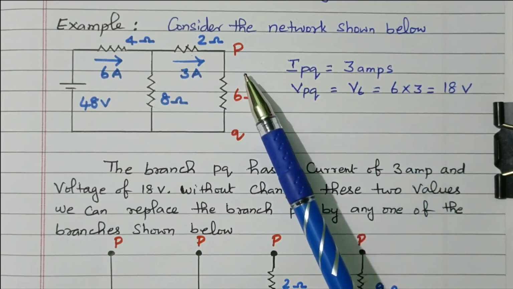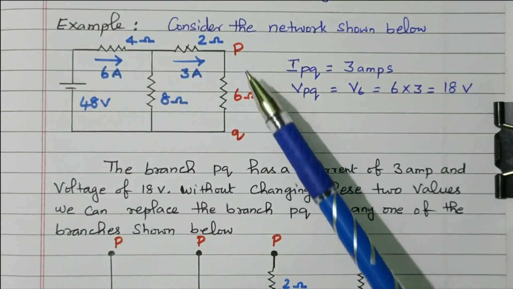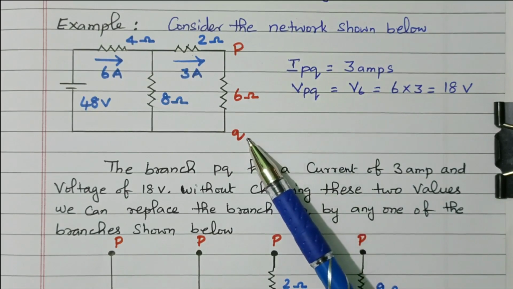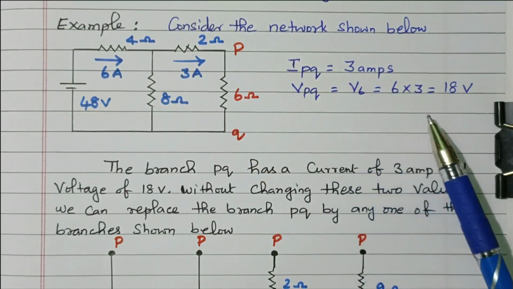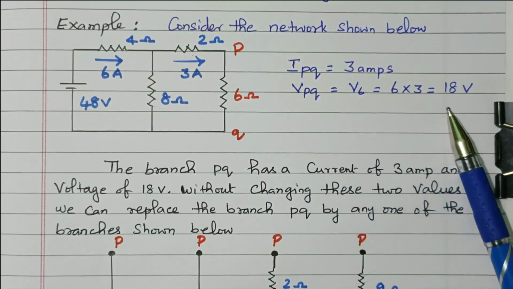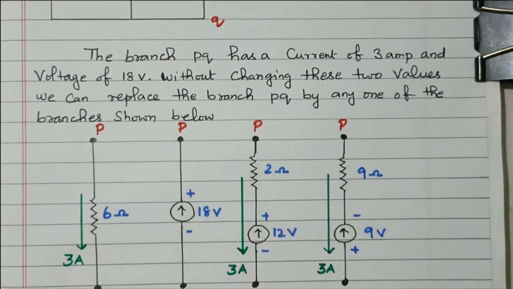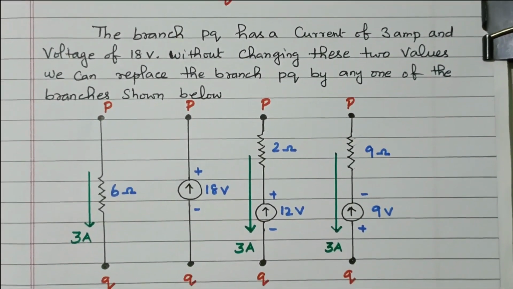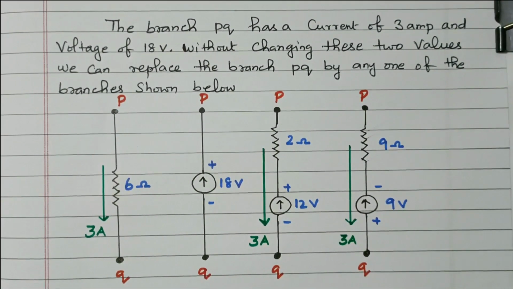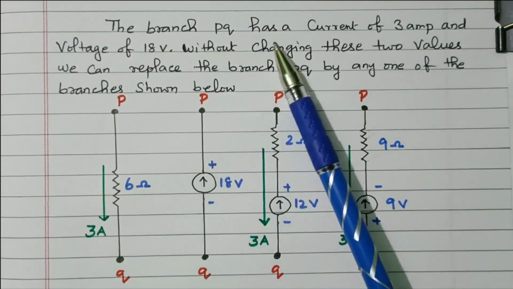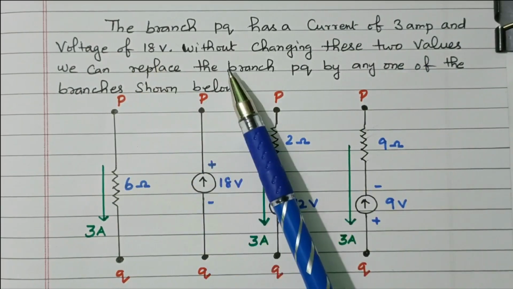Now we'll see the possibilities for replacement. We substitute the terminals PQ with different branches having a current of 3 ampere and a voltage of 18 volts.